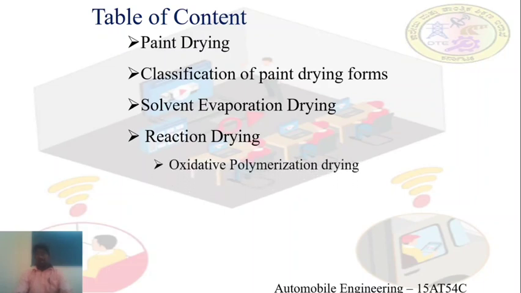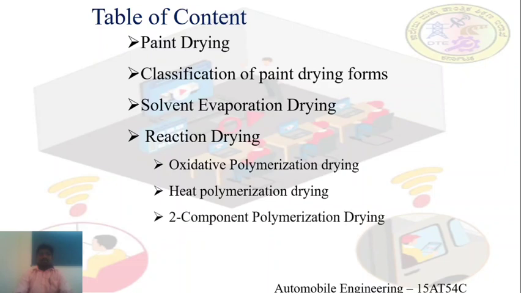In the reaction drying itself, there are three different types of drying process: oxidative polymerization drying, heat polymerization drying, and two component polymerization drying. At last, there will be MCQ based on the topic which we are going to learn in this particular video.